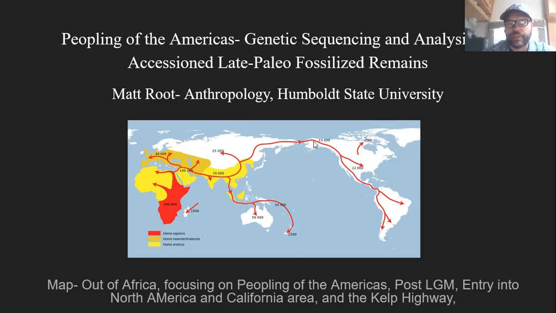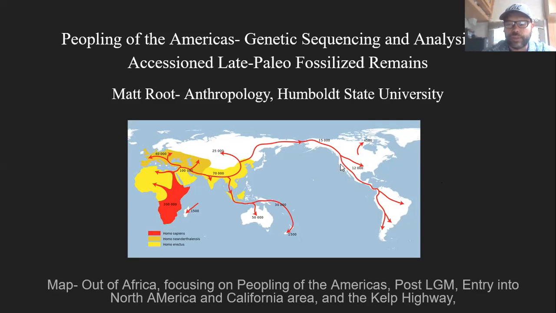But this first slide also shows the peopling of America theory. This would represent paleo migration just after the last glacial maximum. And then we also deal, in the scope of this proposed project, with DNA analysis of the accession remains, compared for cross analysis to living tribal populations from this area of California to support or disprove evidence of the Kelp Highway theory published by Erlandson out of UC Santa Barbara.